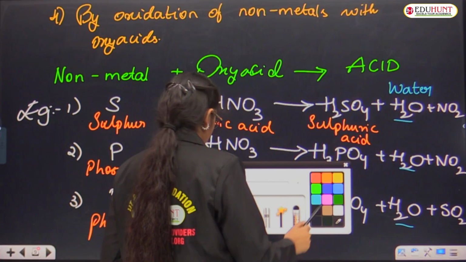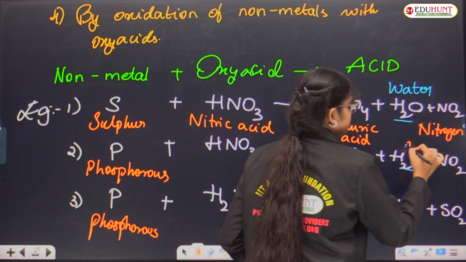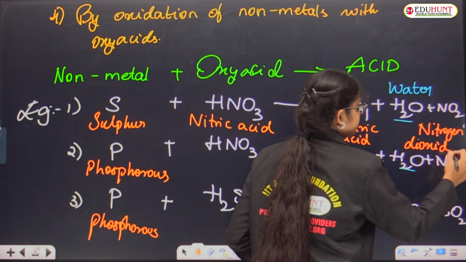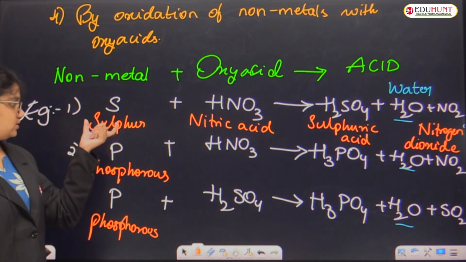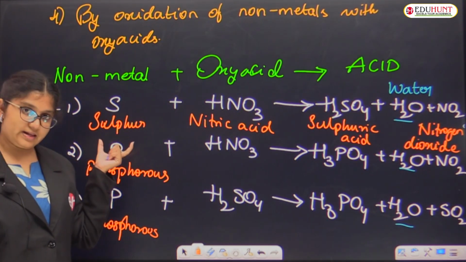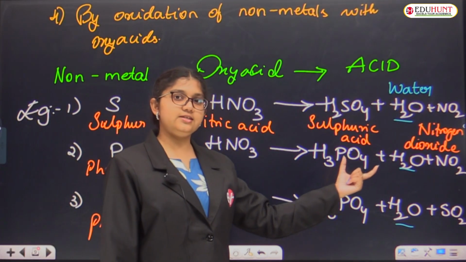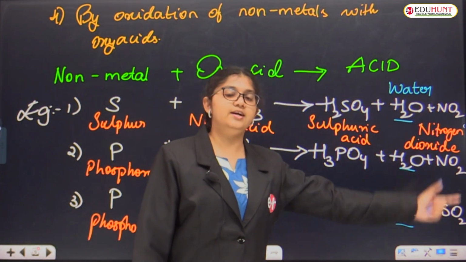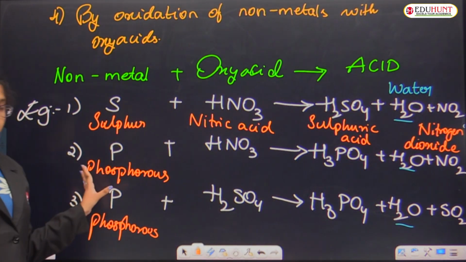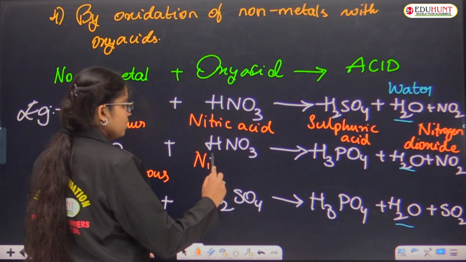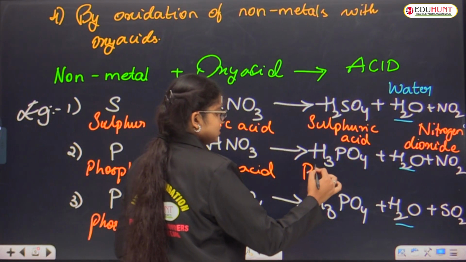Now, here, NO2 means nitrogen dioxide. What's the first example? When we take non-metal sulfur plus nitric acid, we get sulfuric acid, water molecule, and also nitrogen dioxide. This is the first example. What's the second example? When we take phosphorus plus the same nitric acid, we get a different product. What is this?